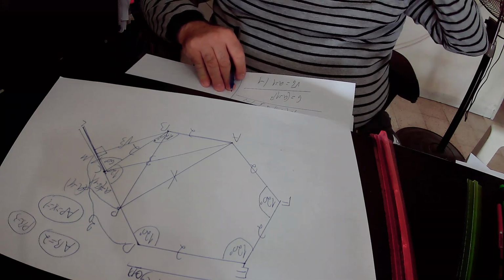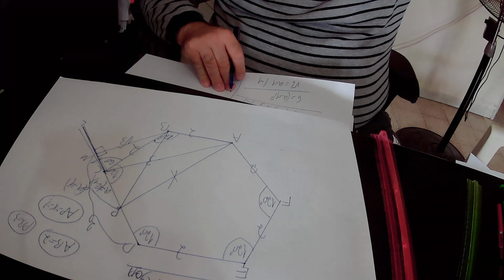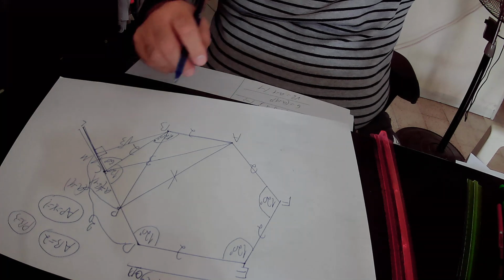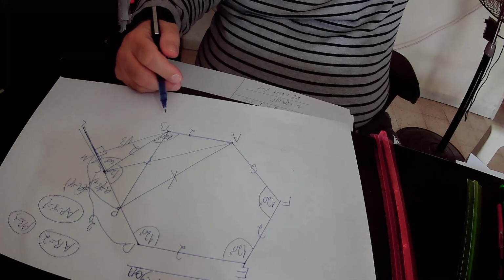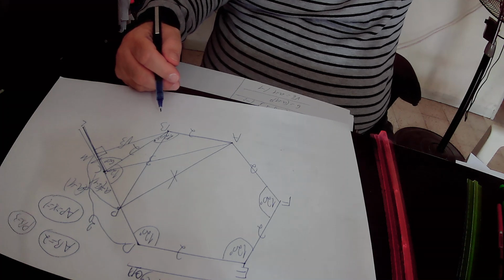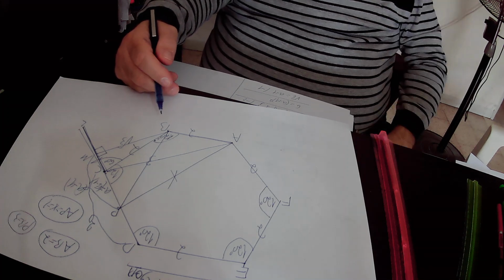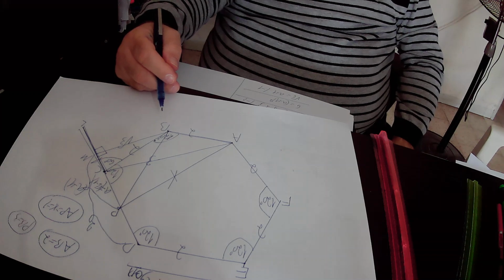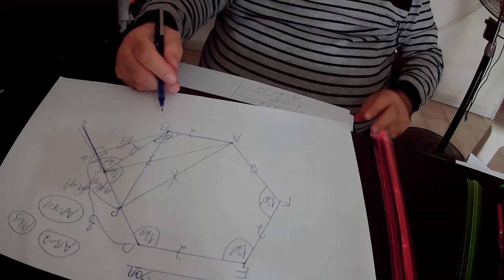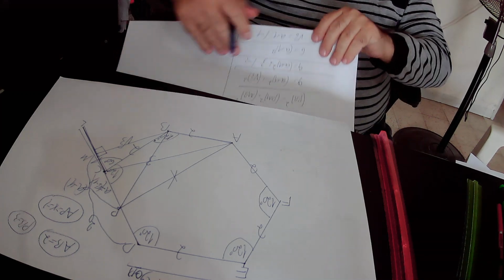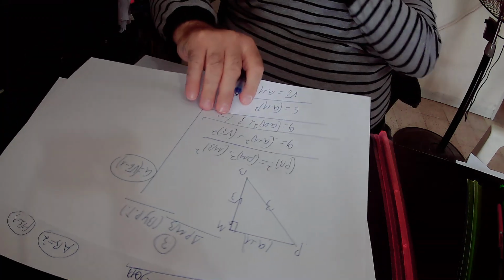So I'll copy triangle ABC in a new page, and we'll implement the law of cosines in this triangle ABC. But first of all, I will remind you what the law of cosines is. The law of cosines is true in any triangle.